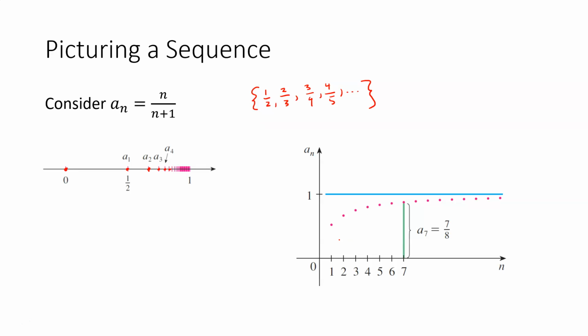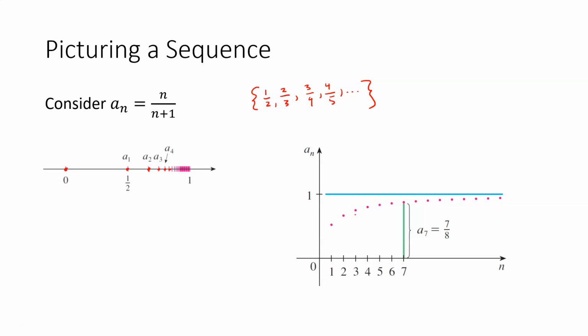Thinking of a1 would be the value at 1, a2 would be the value at 2, a3 would be the value at 3, and so on. So we can think of it this way, right? It's more like graphing the function x over x plus 1, but rather than putting in all the values for x, we're just putting in the integer values. And so we get a sequence of discrete points in the xy plane.